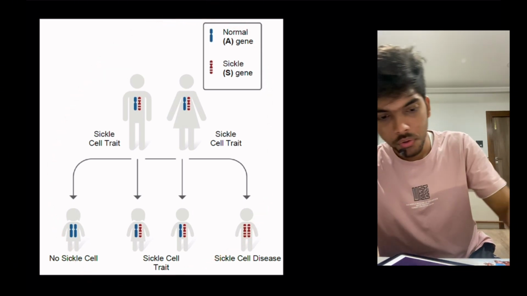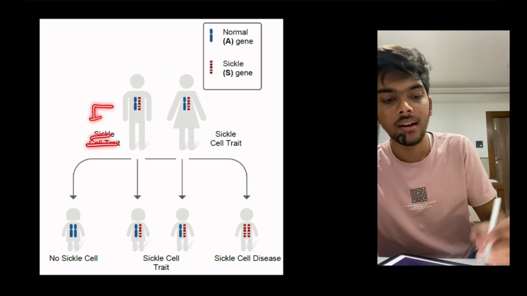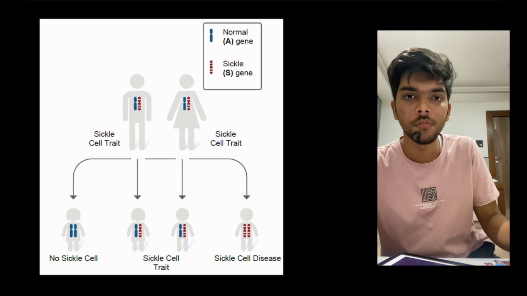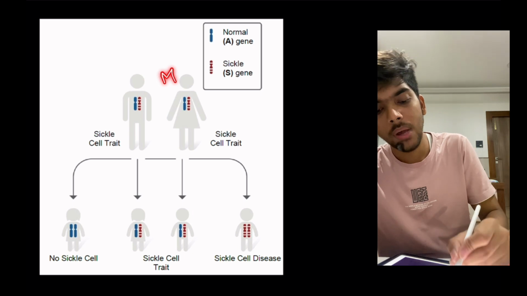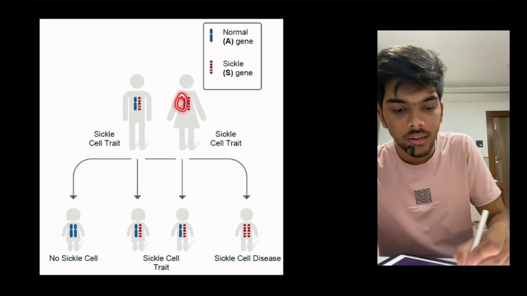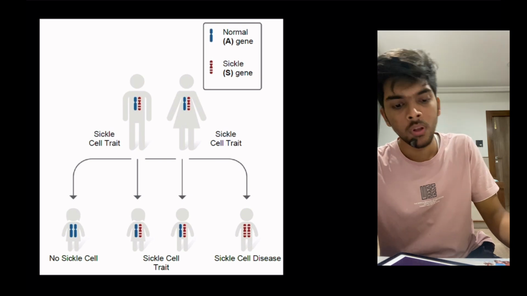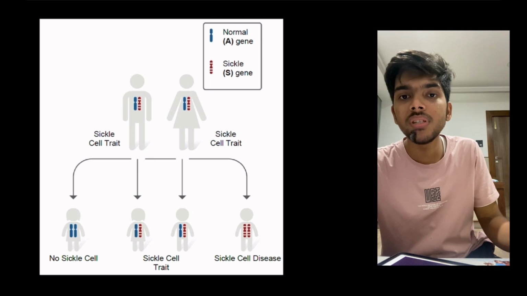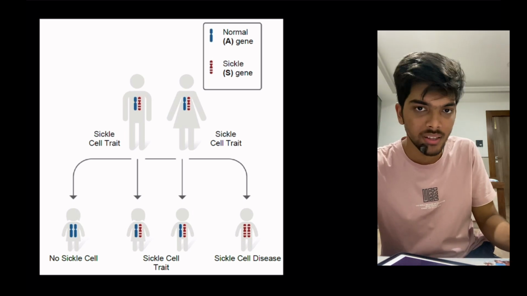I'm going to make your concept even clearer with the help of this simple diagram right here. So there's your father and then there's your mother. This father has sickle cell trait, that is, one allele is normal while the other allele codes for sickle cell RBCs. Mother also has sickle cell trait, that is, one allele is normal and the other has the sickle gene. Let's say both of them have children. What are the possible combinations of these two genes that can be expressed in their children?